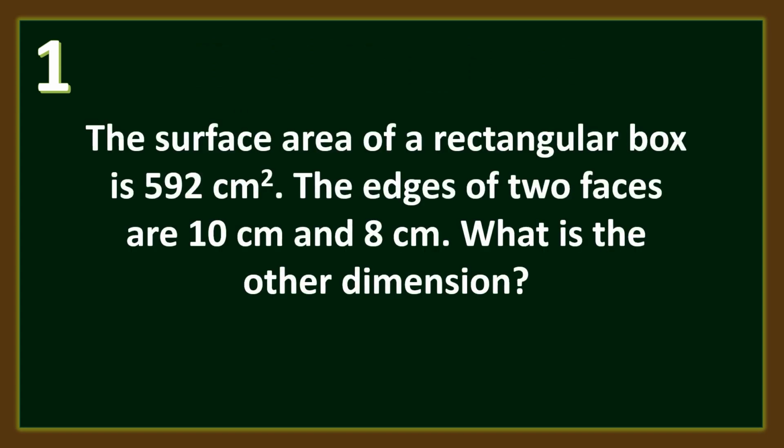The surface area of a rectangular box is 592 squared centimeters. The edges of two faces are 10 centimeters and 8 centimeters. What is the other dimension? Go.